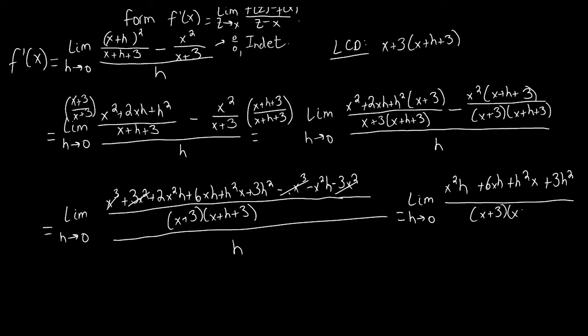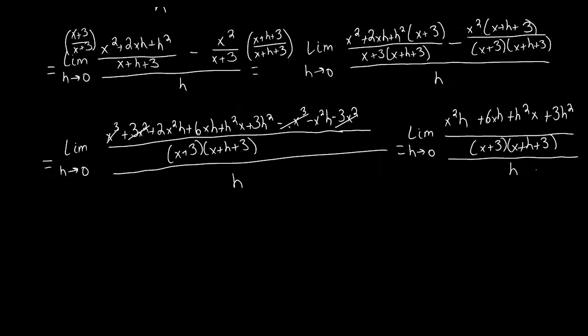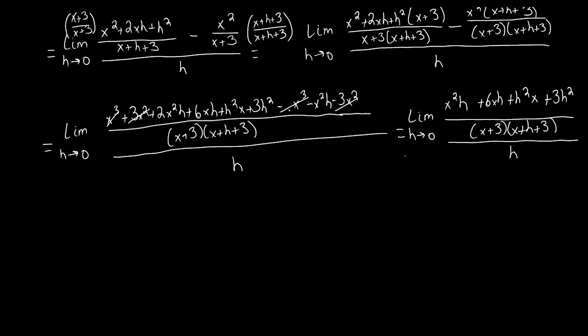This is also going to be over that LCD that we found. And this whole fraction is still going to be over h. What I see as I look in these terms of this numerator is that each of these terms has an h in common. This first term has one h, this one has an h, this one has two h's, and so does this one.